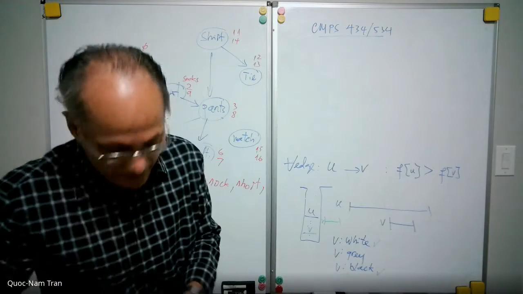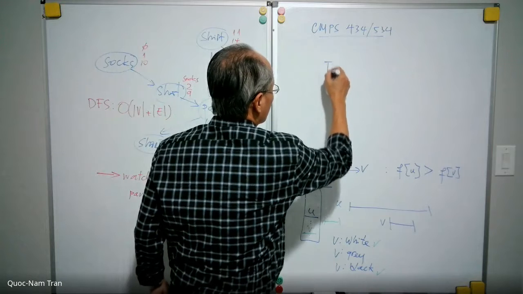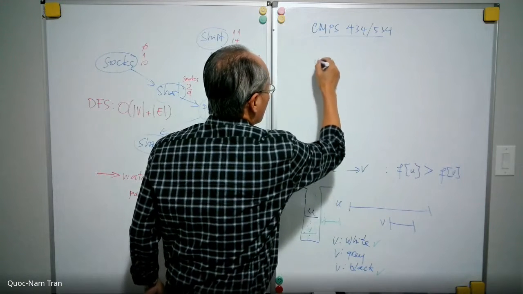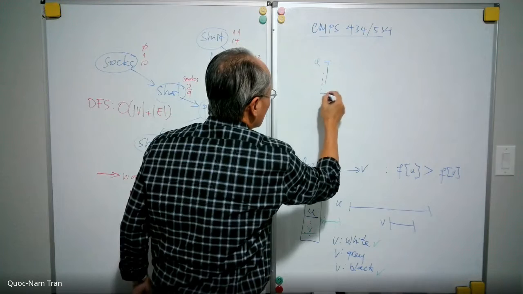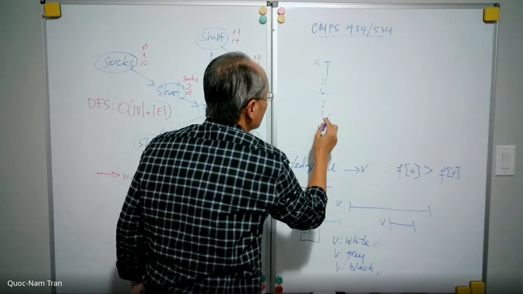The only way we can have V is gray is we have something like this: U to something, right? To V, right?